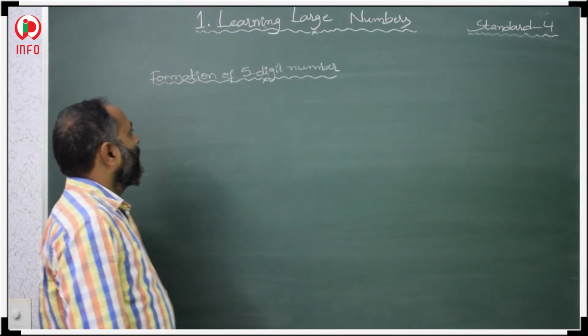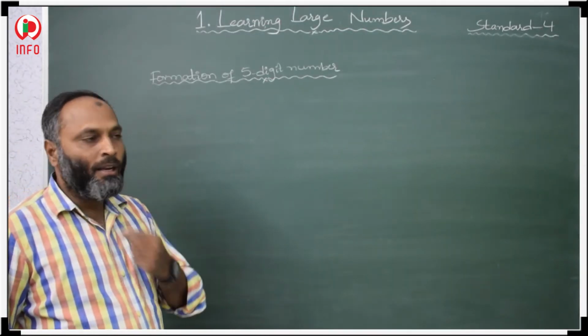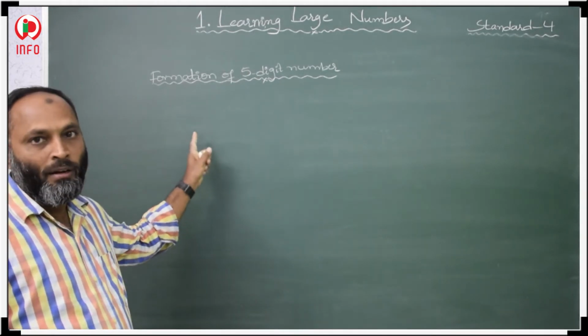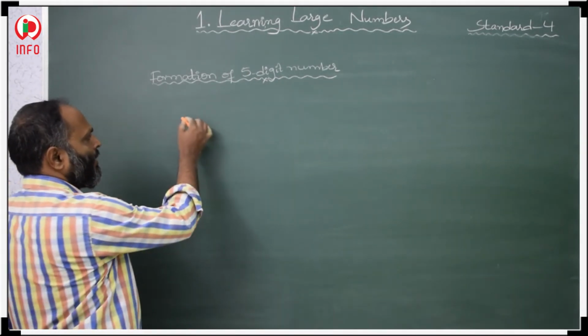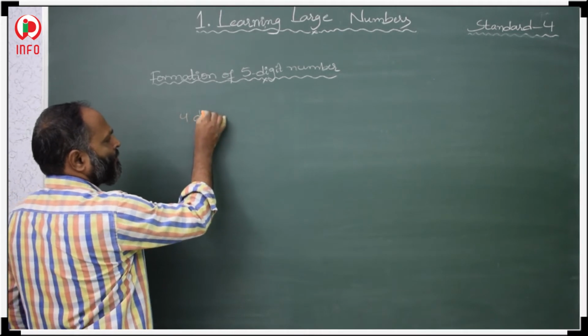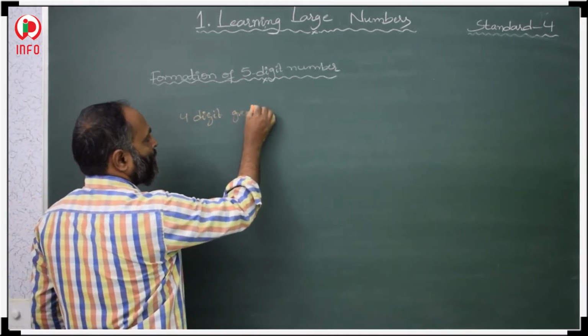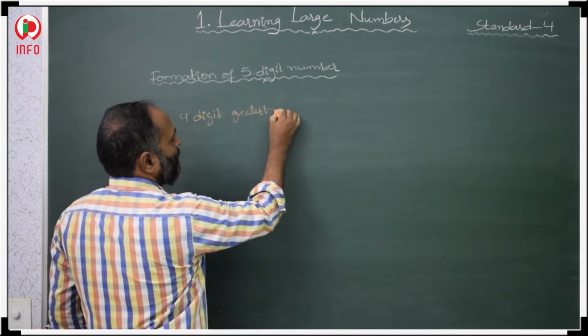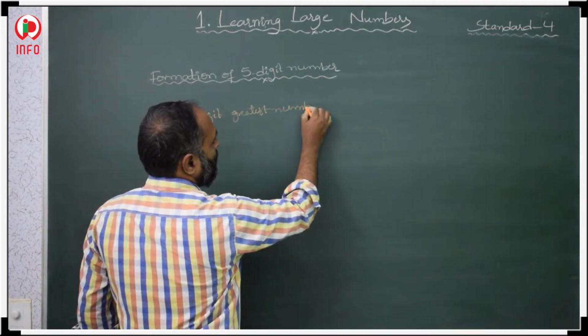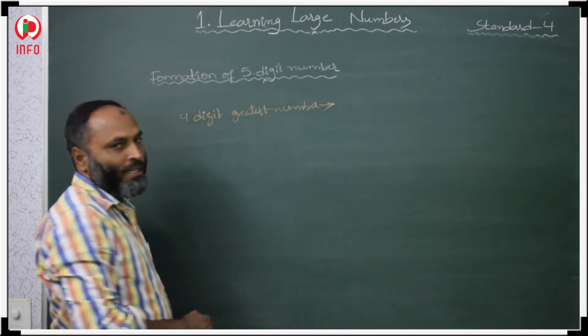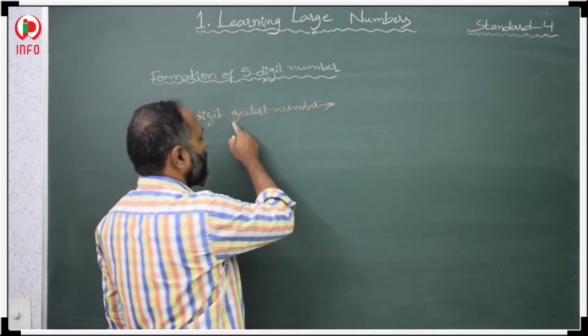Now, the formation of a 5-digit number. How do we form a 5-digit number? Already we explained, see again here the 4-digit greatest number. How many digits? 4 digits.